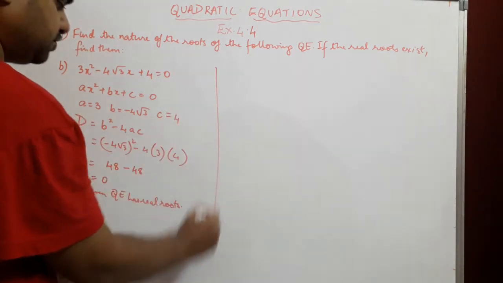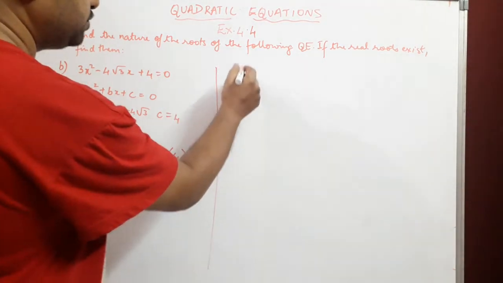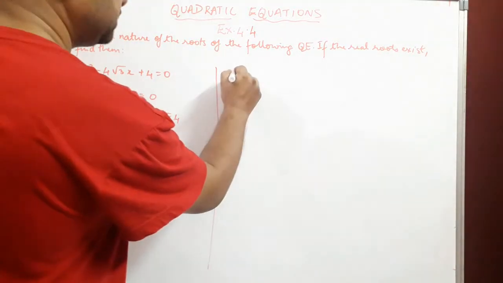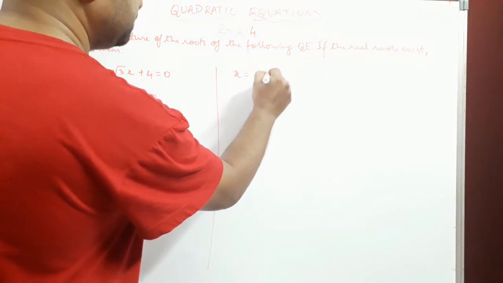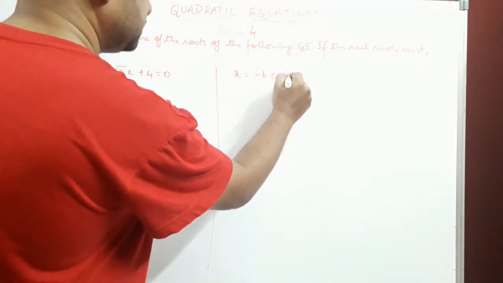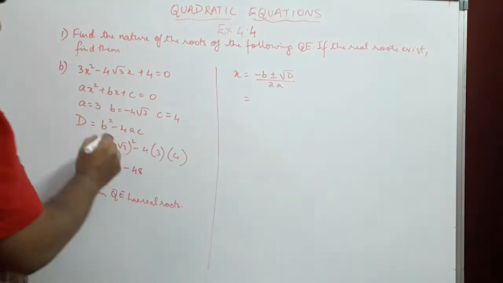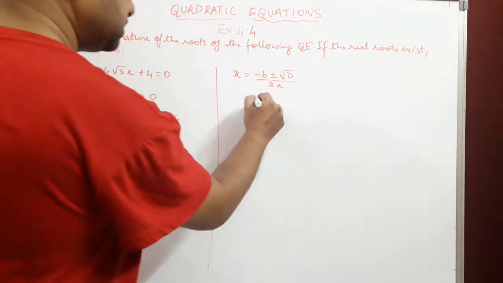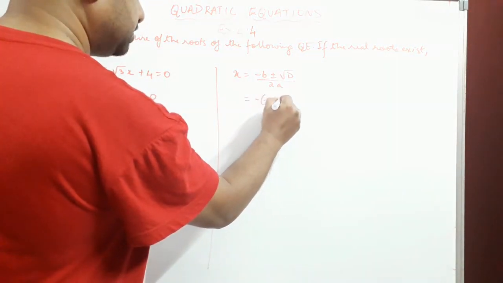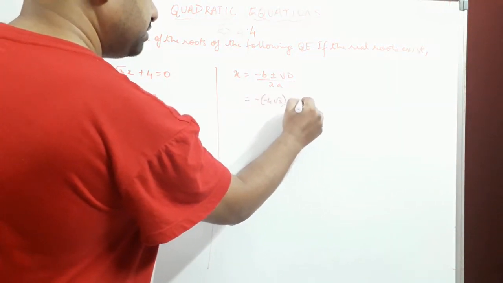The next step is to find out those roots, and we do that using the quadratic formula, which is x equal to minus b plus or minus square root of discriminant whole thing upon 2a. What is b? It is minus 4 root 3 and discriminant is 0.